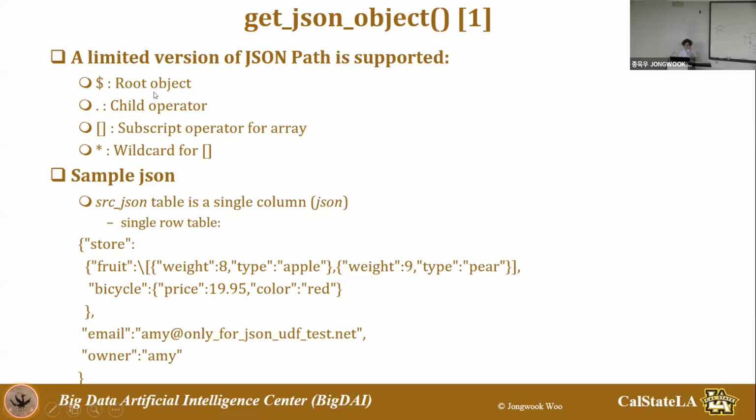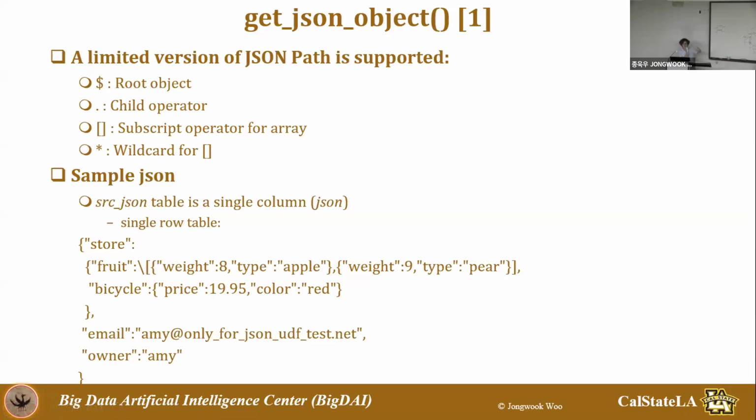And from each object, you can go to the child object. Then you need to use dot notation to look at the child, because mostly JSON has a tree structure.